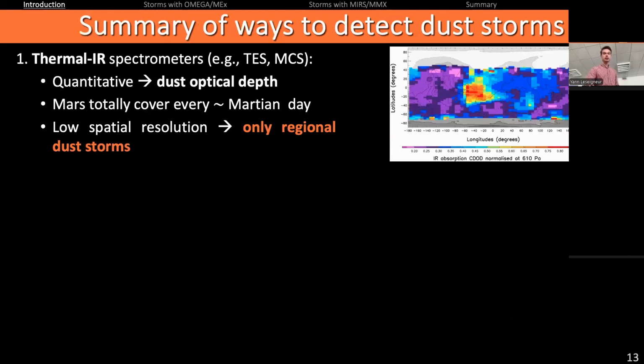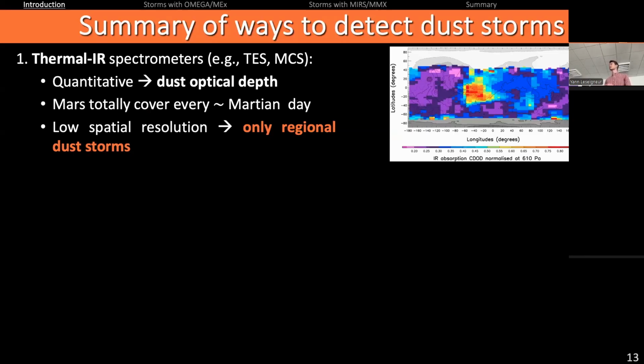Okay, so the last part of the introduction is how we detect dust storms. The first way is by using thermal infrared spectrometers, like TES on MGS and MCS on MRO for the Martian people.